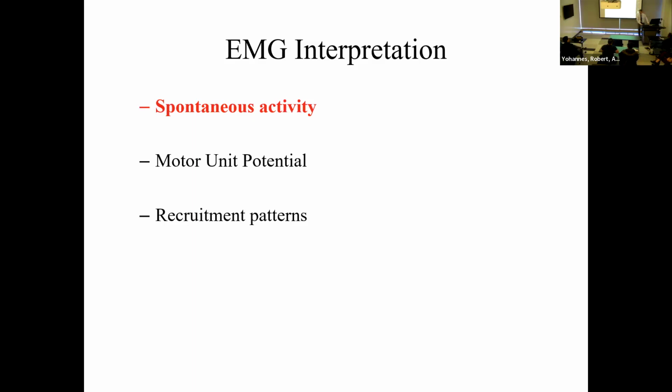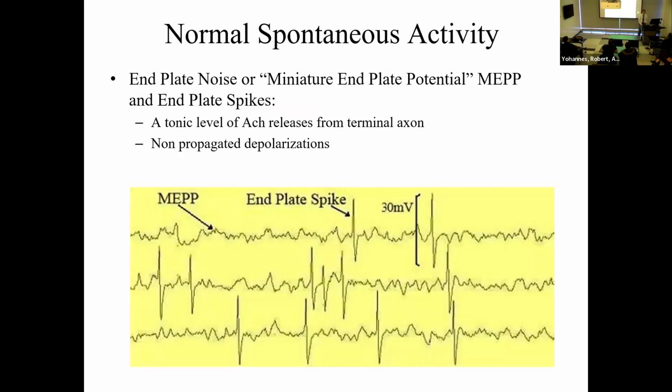Now, I just said that in the majority of cases, spontaneous activity is abnormal. But there is a situation where spontaneous activity is normal, and that is when you stick a needle and happen to fall exactly on the place where the neuromuscular junction exists. Why is that? If you remember from physiology, there's continuous discharge of vesicles from the terminus of the nerve down the neuromuscular junction, hitting the postsynaptic membrane and creating what are called miniature potentials.